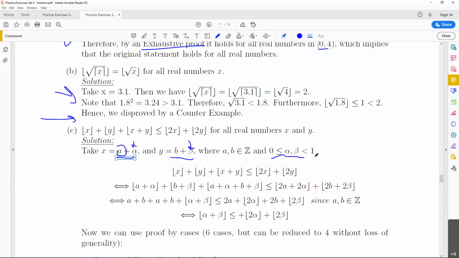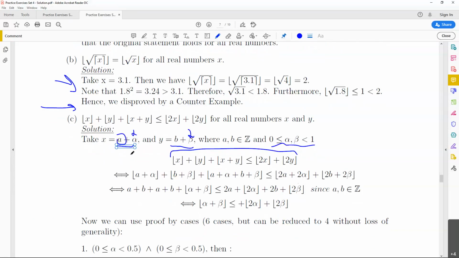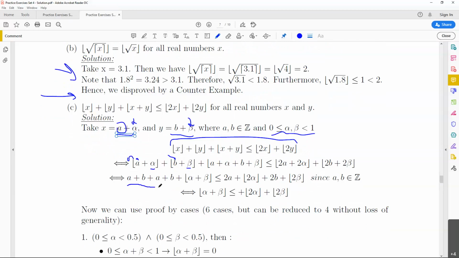As you can see, alpha and beta are the point something if this was a decimal number. So step 1, substitute x and y with the definitions we just said. The a's and b's can go out. Alpha and beta have to stay inside. You'll notice here you have 2 a's and 2 b's, so you can just cross them out.